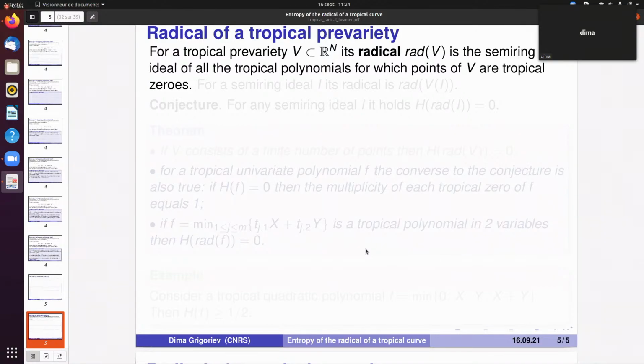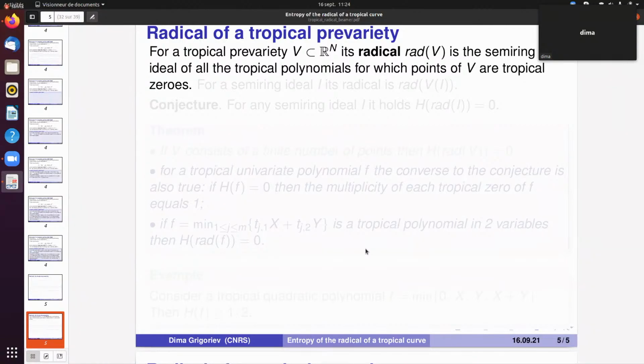This definition in the classical world is due to Hilbert's strong Nullstellensatz, which describes the radical. So that means that this Hilbert strong Nullstellensatz says that if you take all the polynomials vanishing on a variety, then it's the same as the radical in this sense.